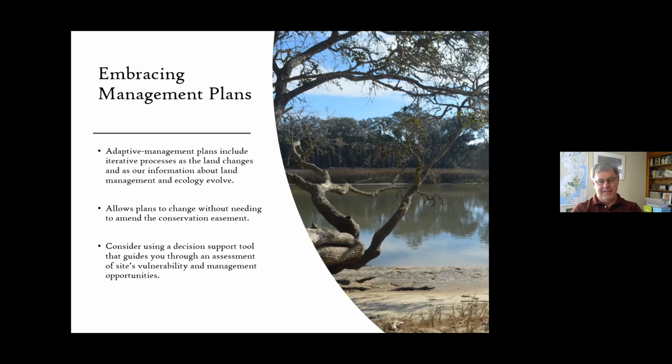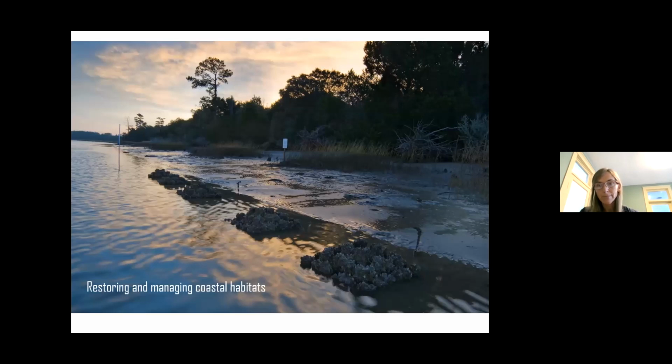But it's a decision support tool, Excel based, that really helps land trust groups think about how certain habitat types are going to be impacted, what some of the interventions are that are available, and to develop management plans at the site level. And so they started incorporating that into their baseline reports and also into their management plans to make sure they'd gone through that process of really using the best science that they had.